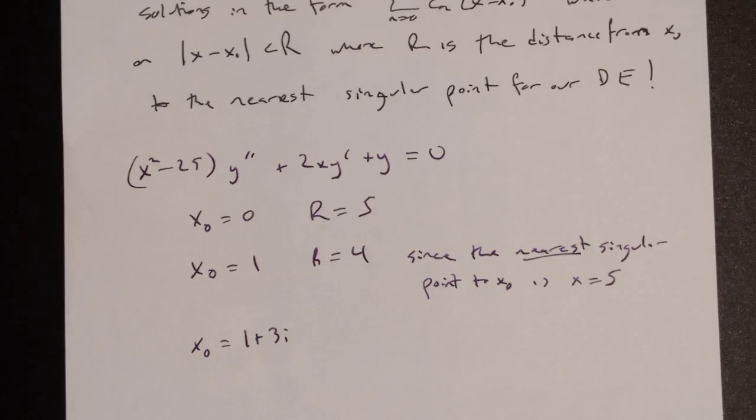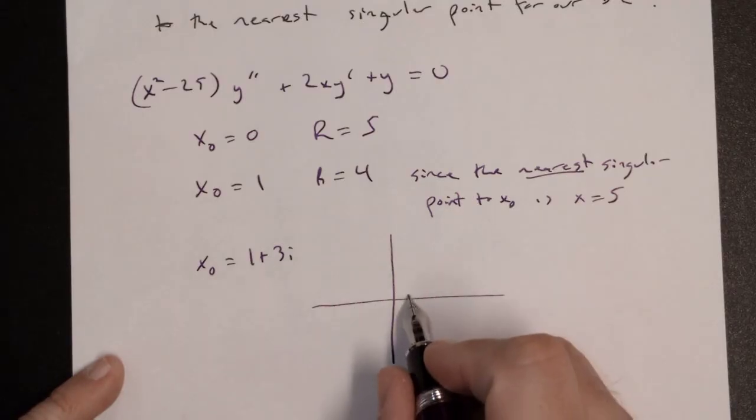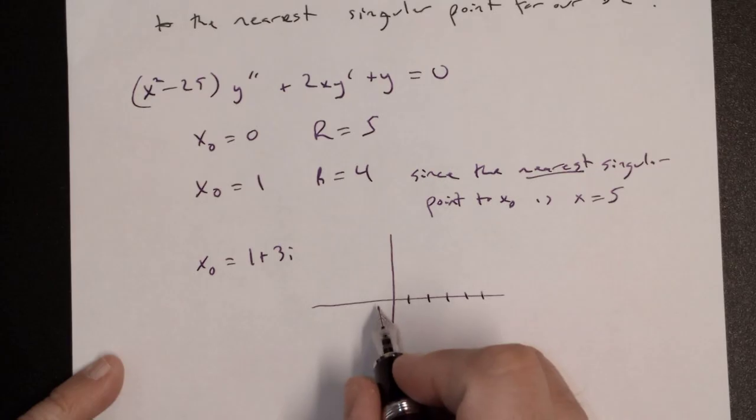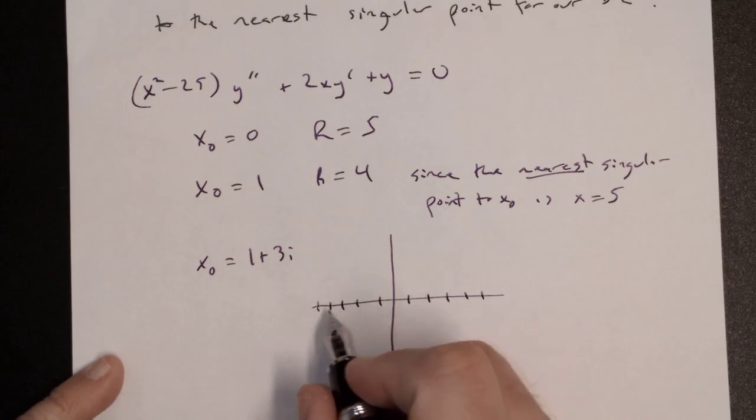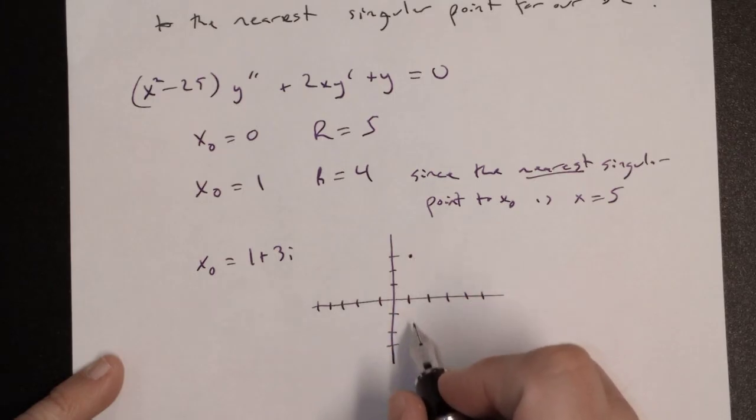How far is it from 1 plus 3i to these points? Wait a minute. I want distance in the complex plane. That means I should graph the points in question. If I look at the complex plane, one plus 3i is here.